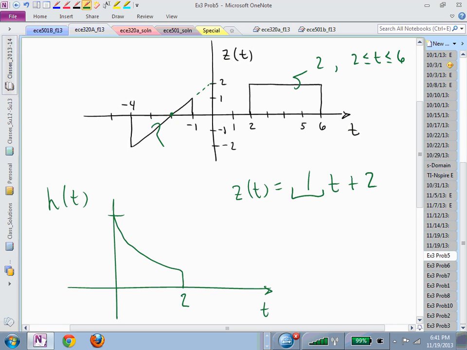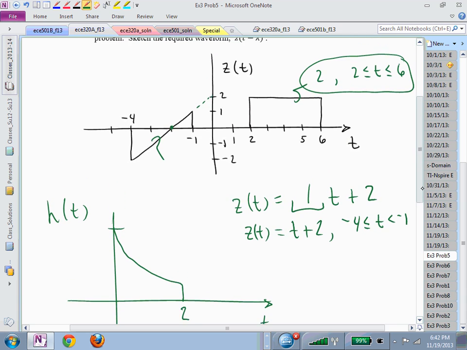So the functional form for z of t is now t plus 2. And when is that true? Only for values of t between -4 and -1. And it's 0 everywhere else except for this time interval when it's 2. Okay? So that's z of t functionally.